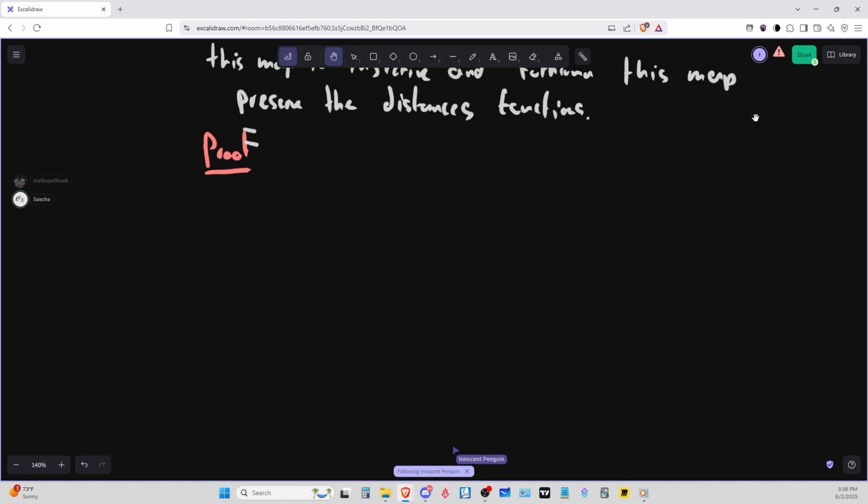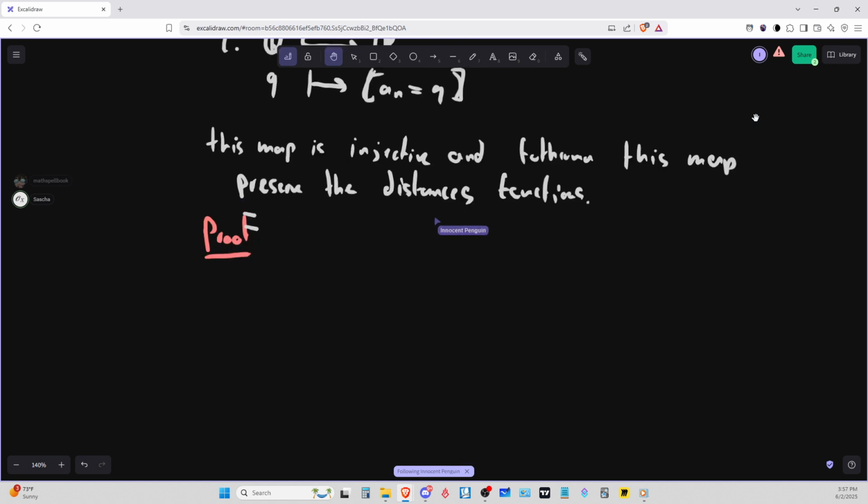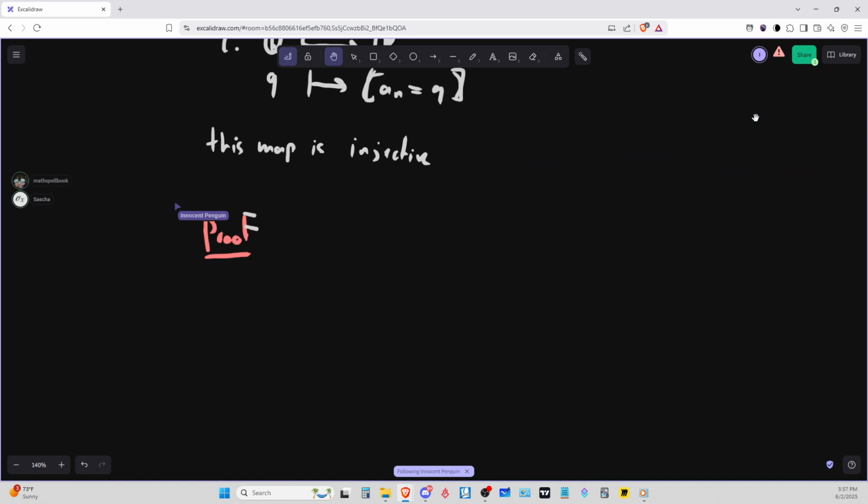But if I want to compare the two notions of distance, the one we had before was defined over Q, and the new distance function that I gave you is defined over R. To be able to compare the two, I already need the definition that Q is contained inside of R. So I cannot really show the last part because the two things are not compatible right now. So I will just show the map is injective, which is not too bad.